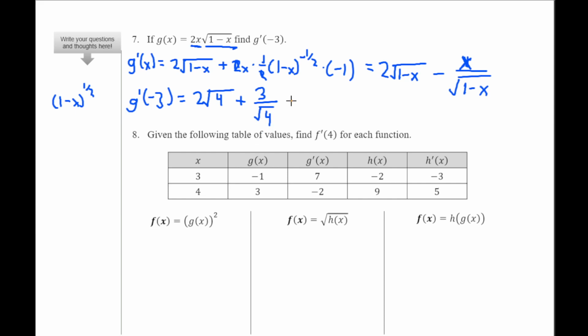This is just equal to 2 times, well, root 4 is 2, times 2 is 4, plus 3 over root 4 is 3 over 2, and that would get you, well, that's 8 over 2 plus 3 over 2. You get 11 over 2 as your final answer. Again, there's a lot of steps to these. If you have confusion with how we got a step here, please, please, please let your teacher know.